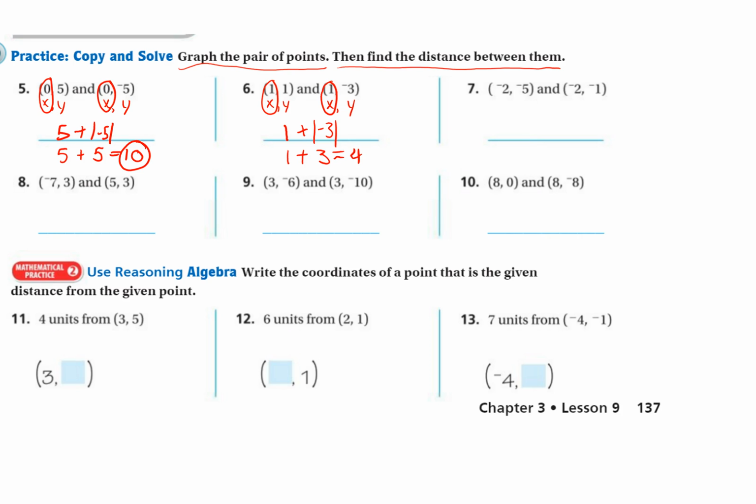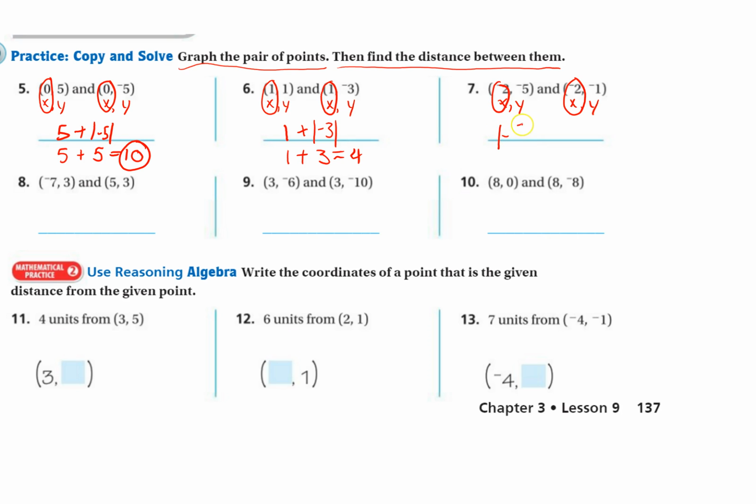Okay, let's go ahead and look at number 7. X and then y, x and then y. Again, our x values are the same, so we look at our y values. Now they are both negative, so that means they're going to be in the same quadrant together. Okay, so that means I need to subtract the absolute values.